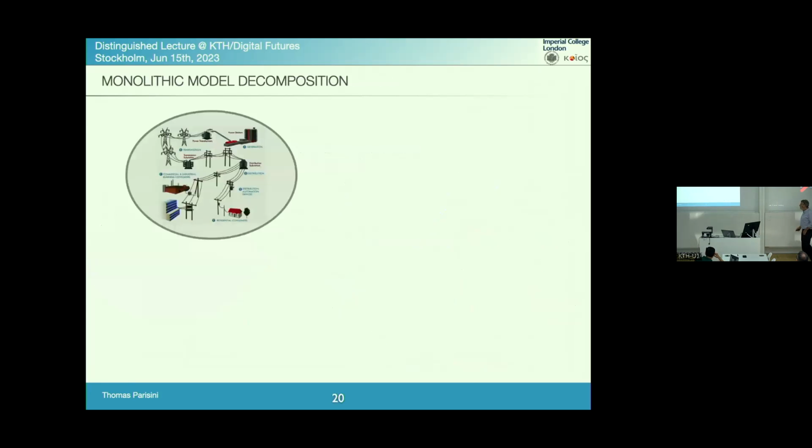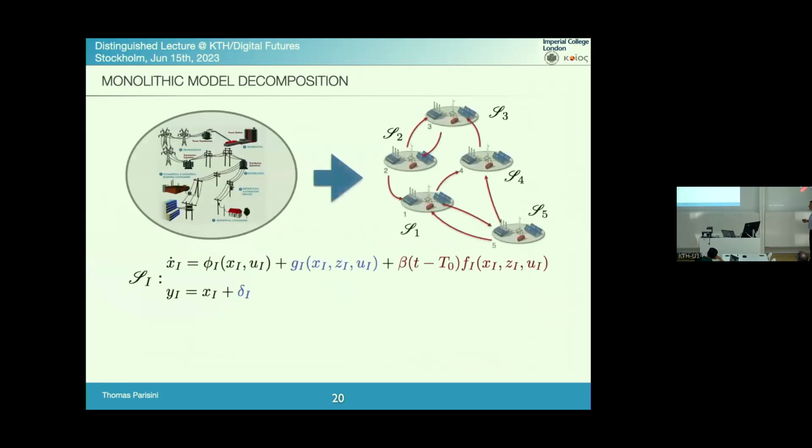Okay. How do we decompose that? Well, if you remember what we have seen before, we consider a decomposition of the big system into subsystems. And then for each of the subsystems, you might have an equation like that. What is this equation representing? Well, first of all, the nominal local dynamics, okay?